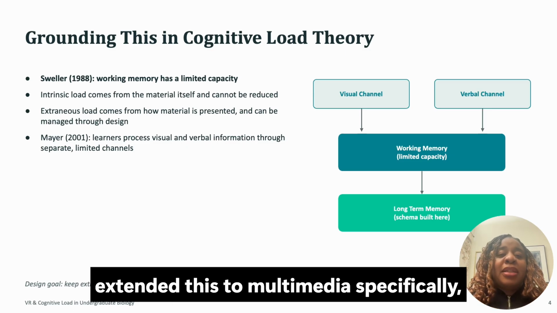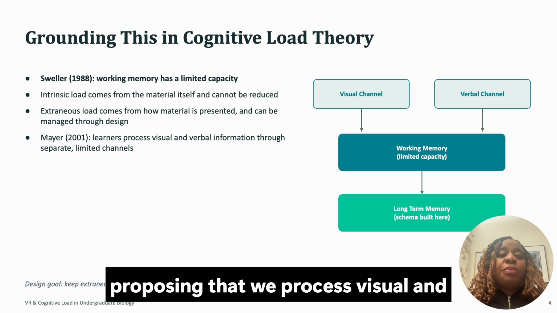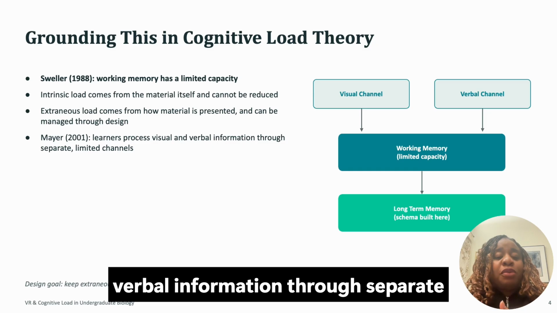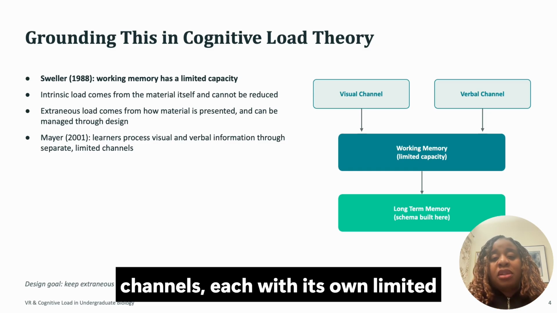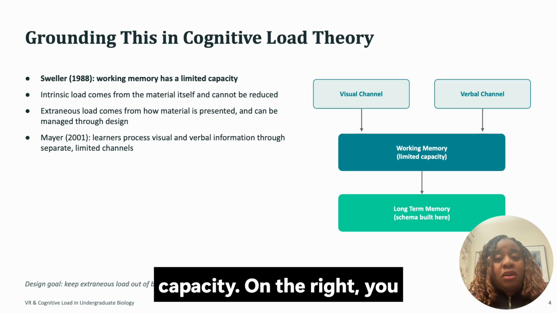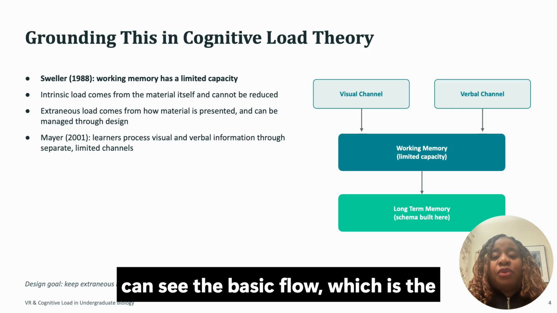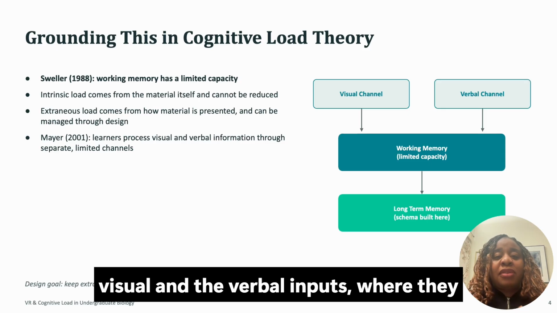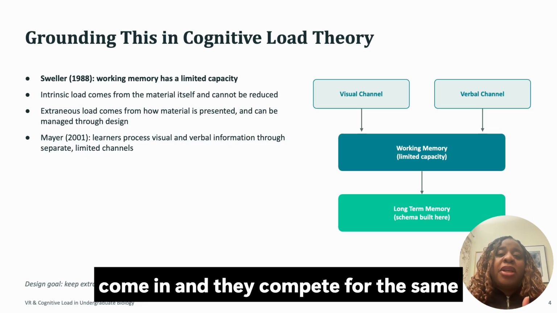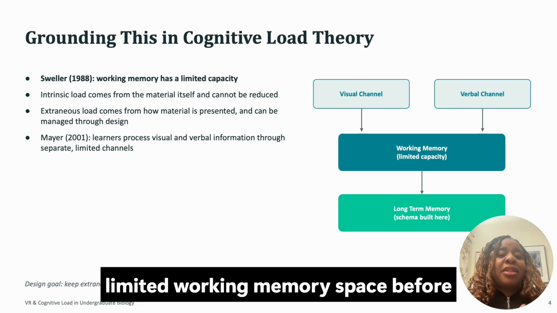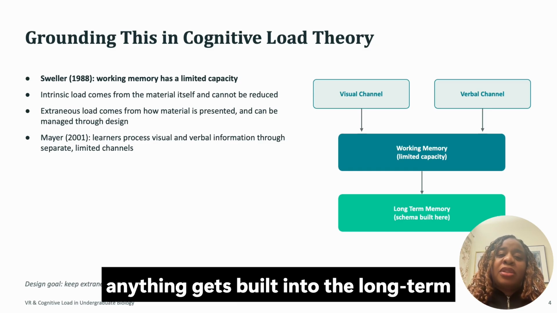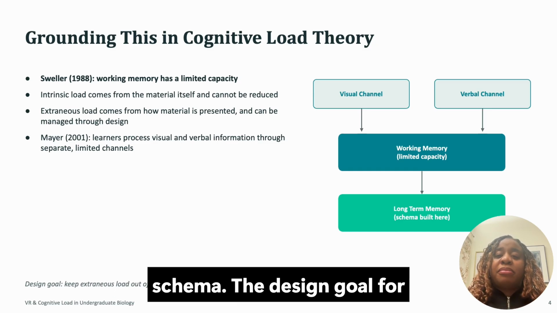Mayer extended this to multimedia specifically, proposing that we process visual and verbal information through separate channels, each with its own limited capacity. On the right, you can see the basic flow, which is the visual and the verbal inputs come in and they compete for the same limited working memory space before anything gets built into the long-term schema.